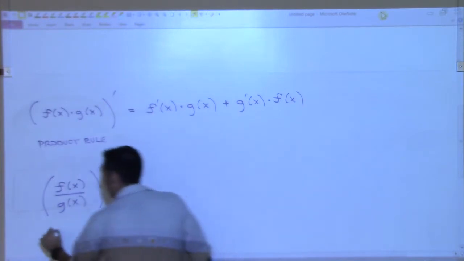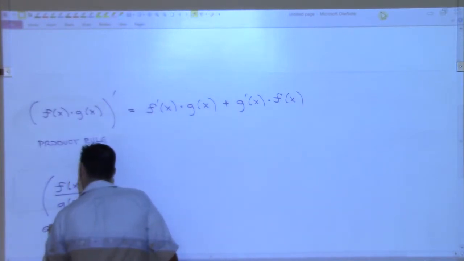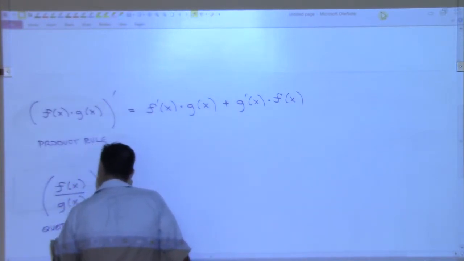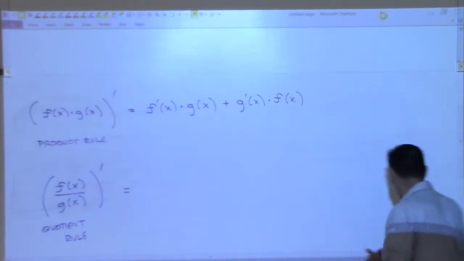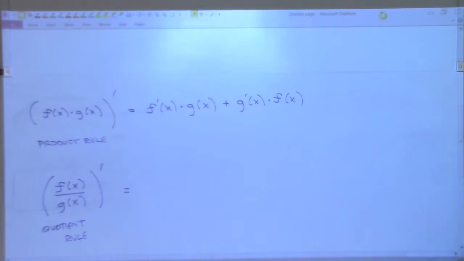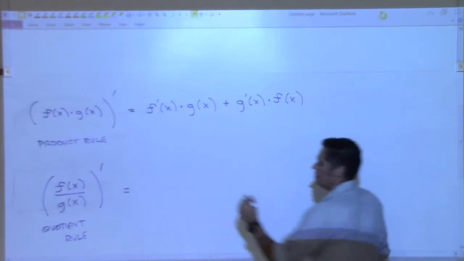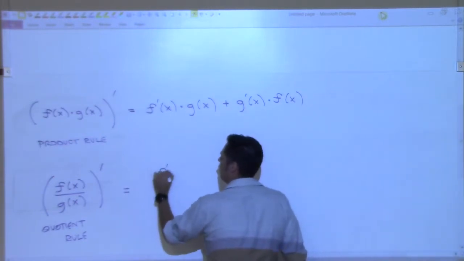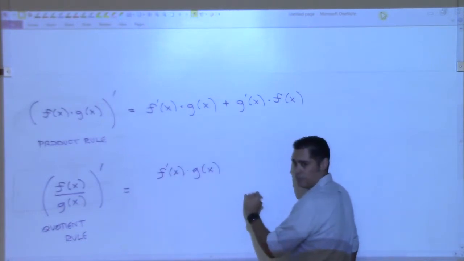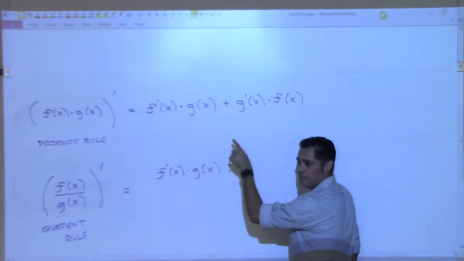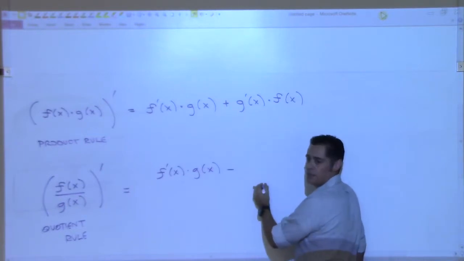This will be what we call the quotient rule. Are y'all okay with me not proving it? Okay, all right. So the quotient rule looks like this. Derivative of the top times the bottom. It's exactly the same. Minus, that's different, right?